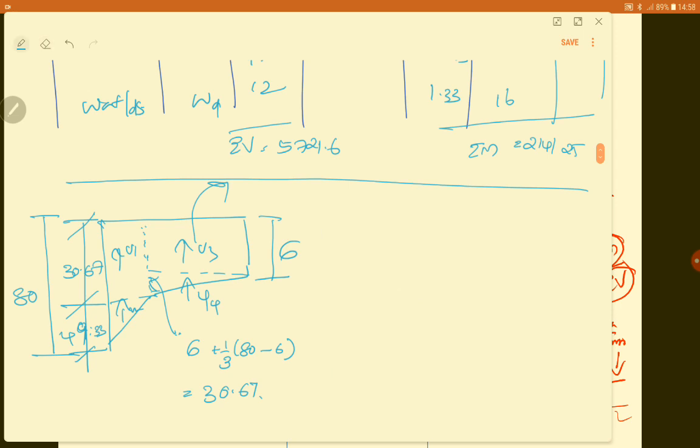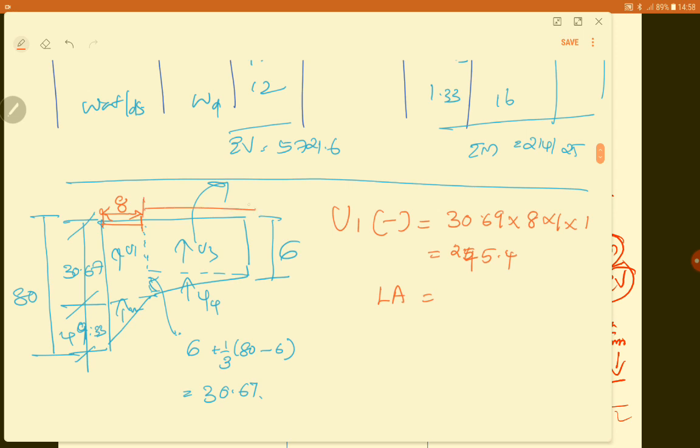U1, it's negative, will be equal to 30.69 into, what is this distance? This distance is to the point where the drainage gallery is. The drainage gallery is at a distance of 8 meter from the upstream face. So 30.69 into 8 into, you will be considering unit length into unit weight of water, that is 1. So it will be equal to 245.4.